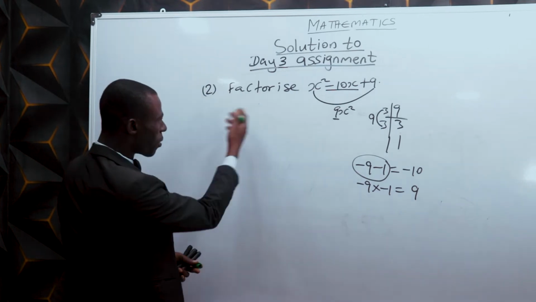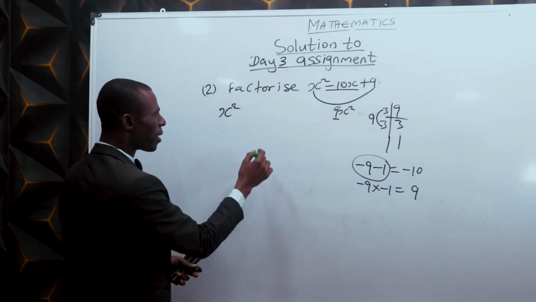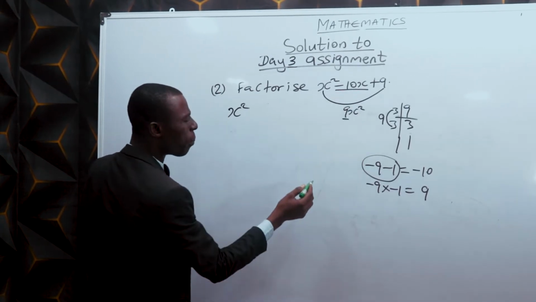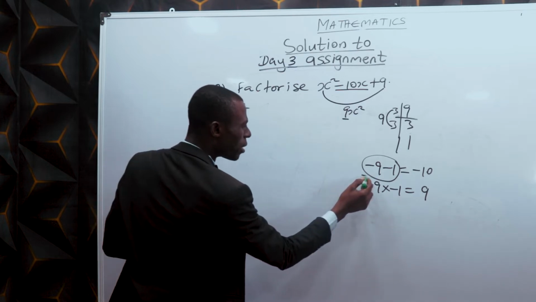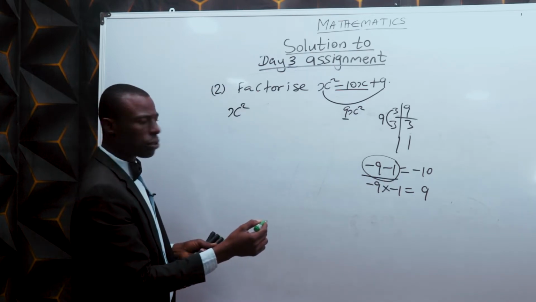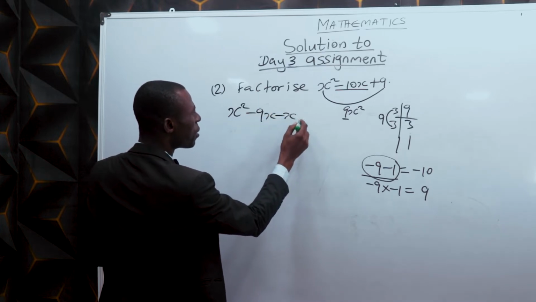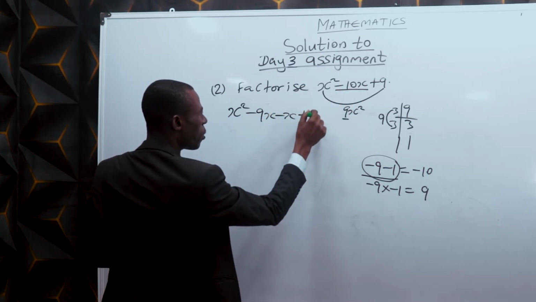So let's write x squared. Instead of writing minus 10x, we now replace that with these two factors. We write minus 9x minus x. We now bring this down, plus 9.